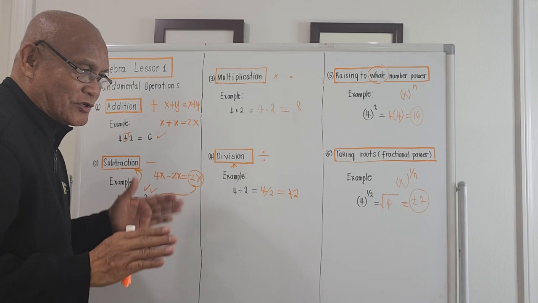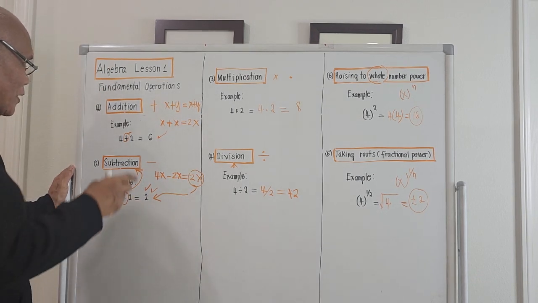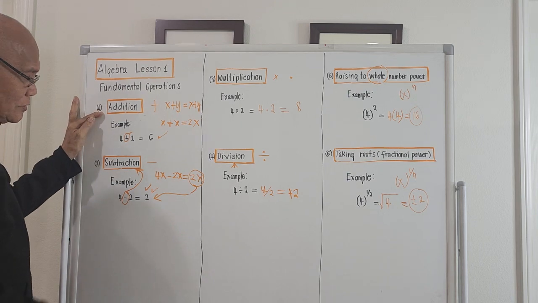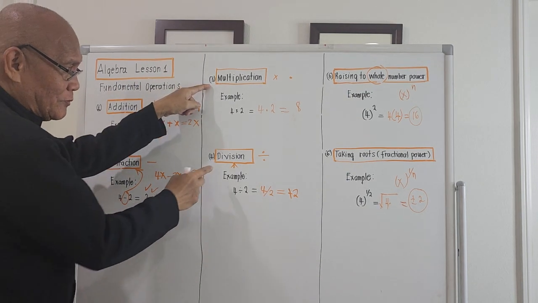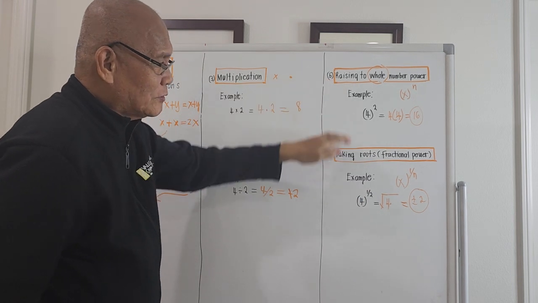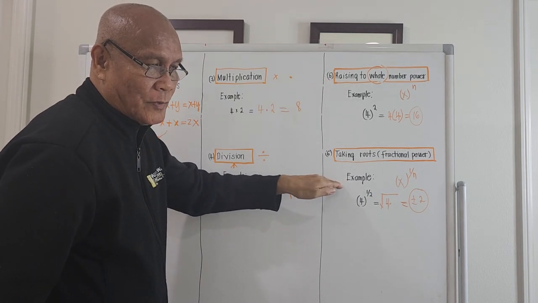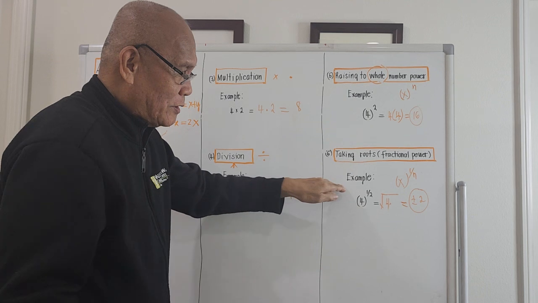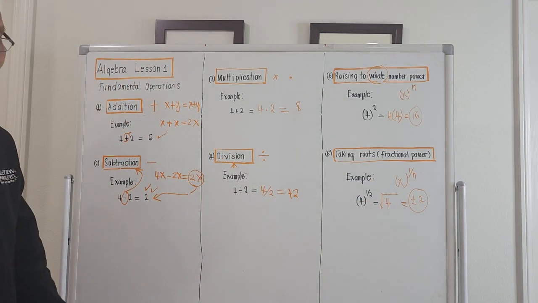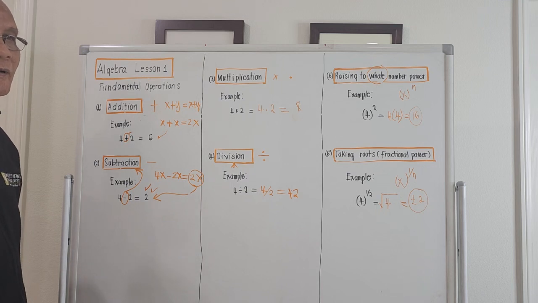So that's why I started with the fundamental operations on lesson number 1: addition, subtraction, multiplication, division, raising to a whole number power, and taking the root if the exponent is fractional. Okay, those are the fundamental operations in algebra.